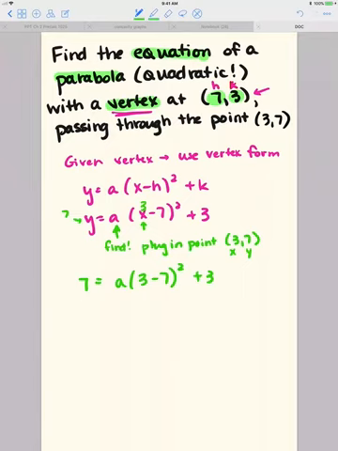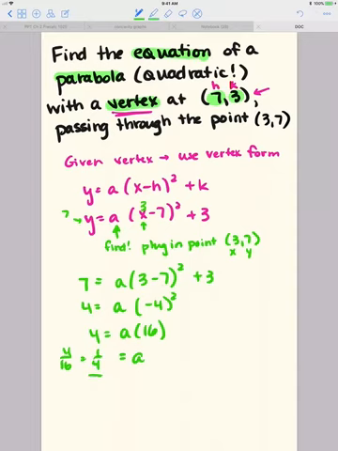Order of operations, you'll subtract over the 3. 3 minus 7 is negative 4, but you end up squaring that, so you get positive 16. And then when you divide both sides by 16, you get 4 over 16, but that reduces to 1/4. So 1/4 is your a value.